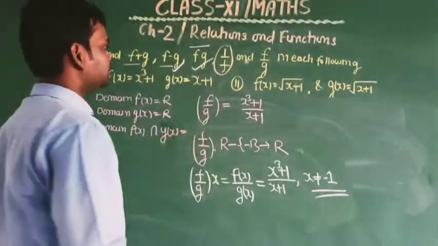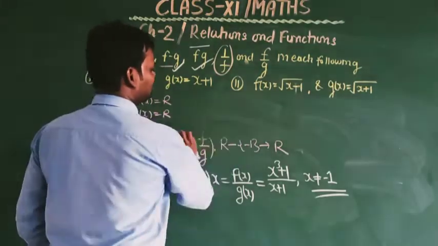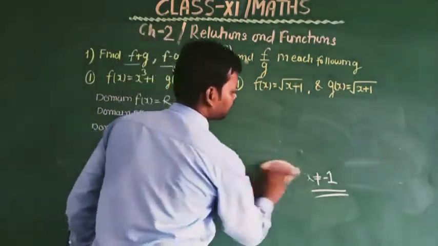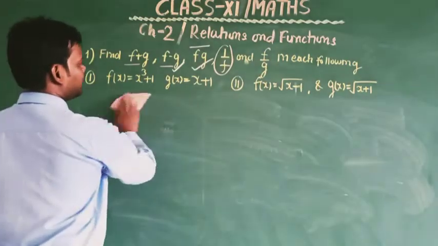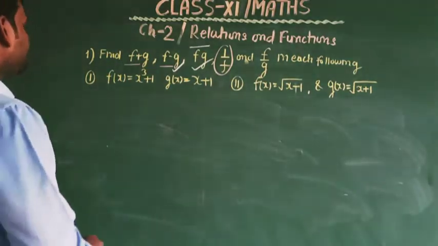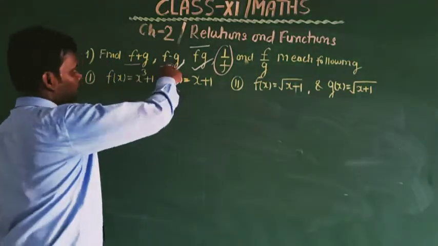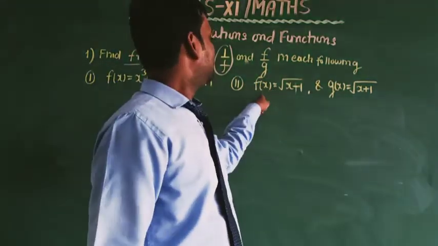Next, the second part, where fx is square root x minus 1 and gx is square root x plus 1. Similarly, find f plus g, f minus g, f into g, 1 upon f and f by g.